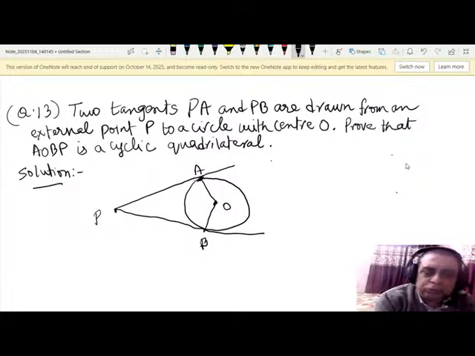So how will we do this sum? First you write given. Okay, this is the method of writing geometrical proofs. First you always write given.